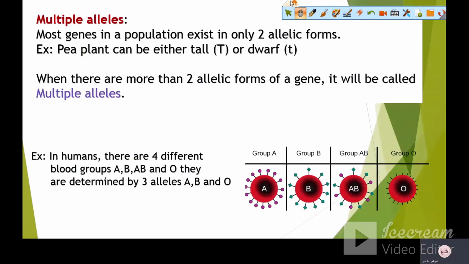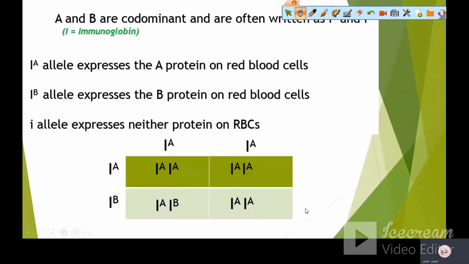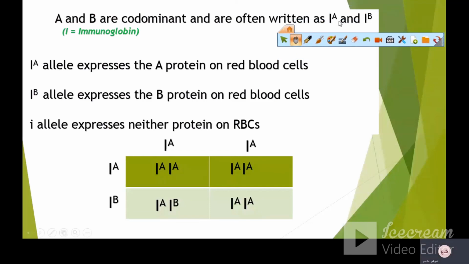Exactly like in humans. There are four different blood groups, A, B, AB, and O. They are determined by three alleles, A, B, and O, as mentioned in the figure. A and B are codominant and are often written as IA and IB.